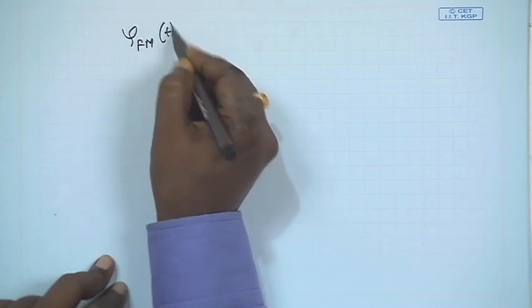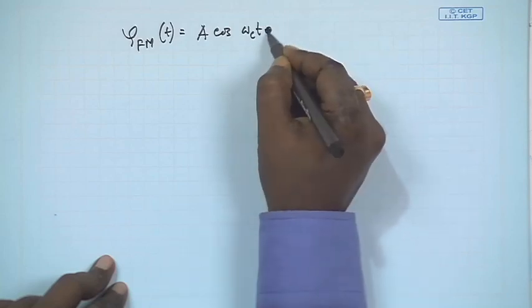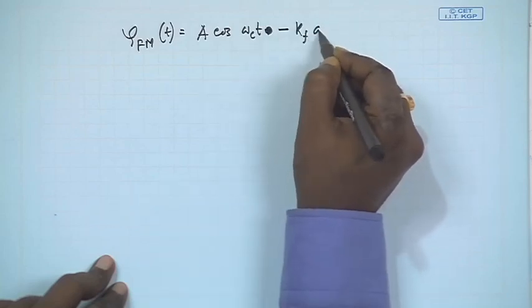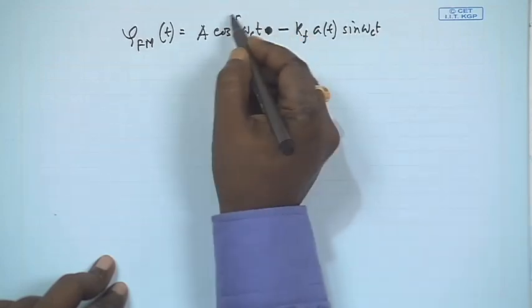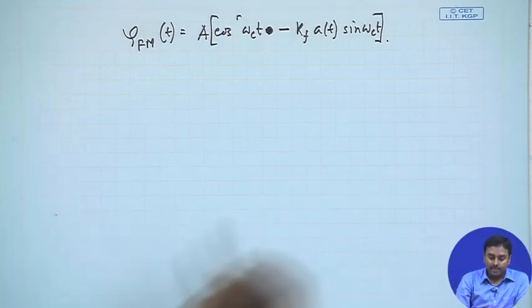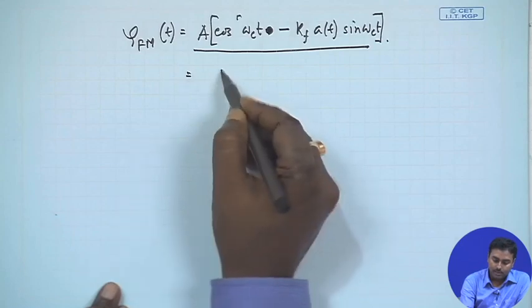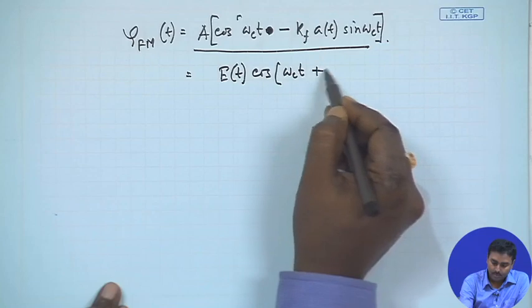Now, let us try to see what exactly is happening. I have this particular term, let us say phi FM(t), which is A cos omega c t minus kf a(t) sin omega c t. This can be written as a sinusoid. I can write it as E(t) cos(omega c t plus some theta(t)).